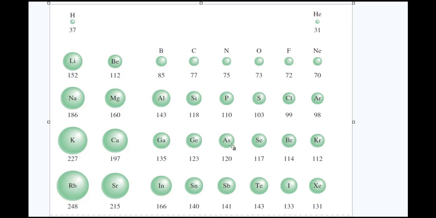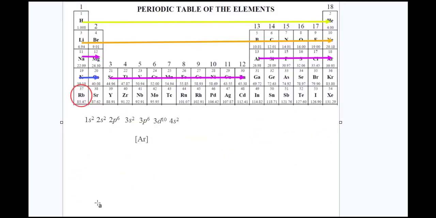But we're going to go across all the way to krypton. And I'm going to pick up my blue arrow again because these are going to be our 4th energy level again. And I'm going to make that 4p6, going all the way to krypton.